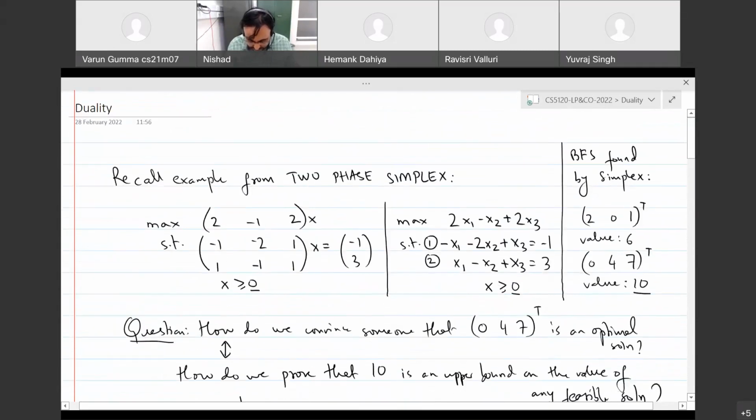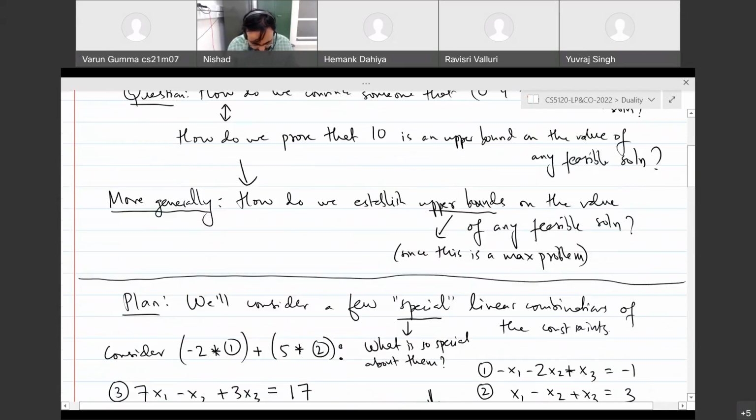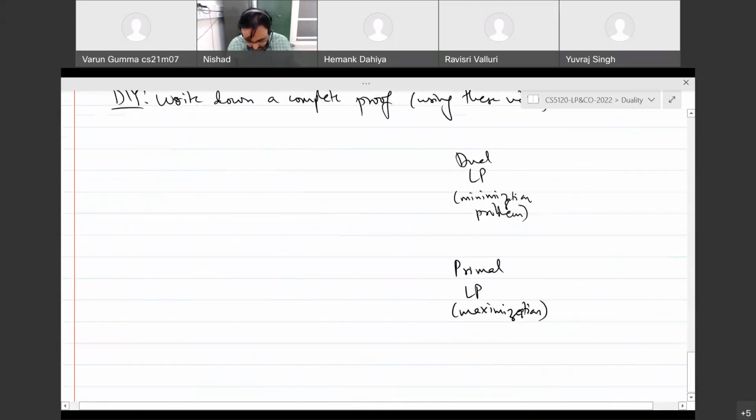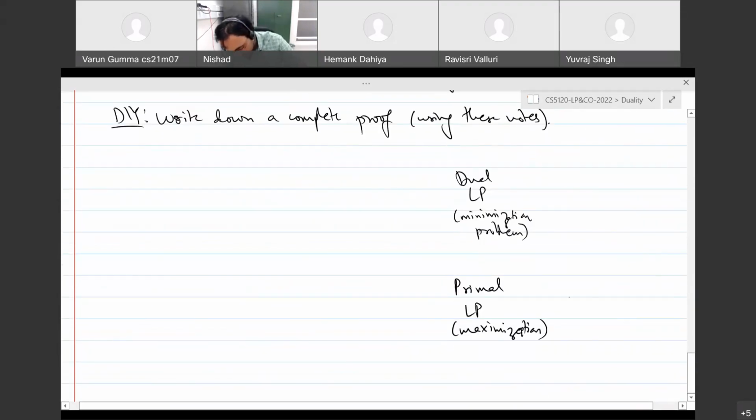We found values 6 and 10, and then we found upper bounds of 10 and 17. So one way to think about it is consider the number line. The primal LP is trying to maximize a certain objective function. The dual LP is trying to minimize a certain objective function.